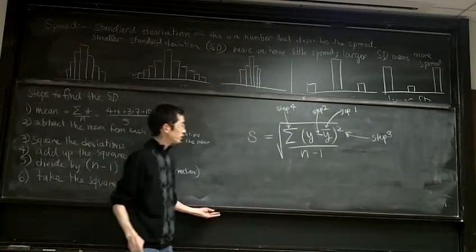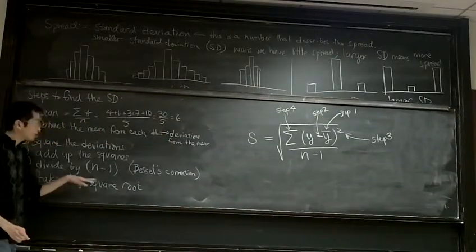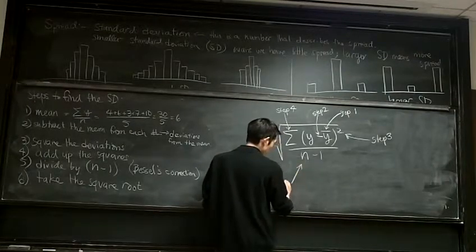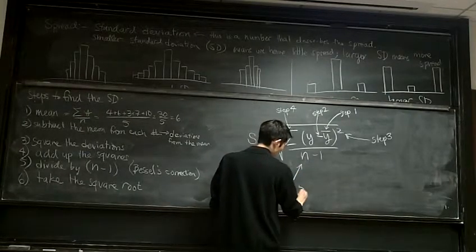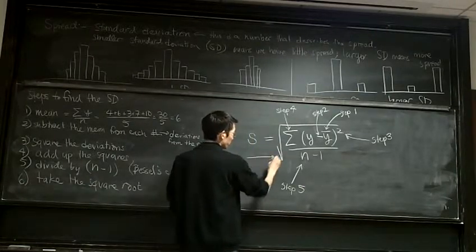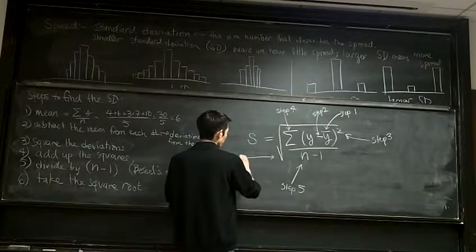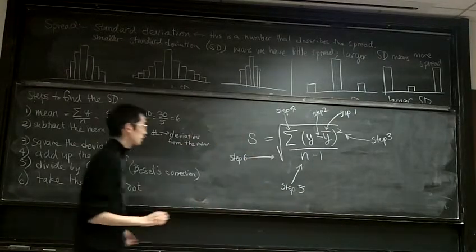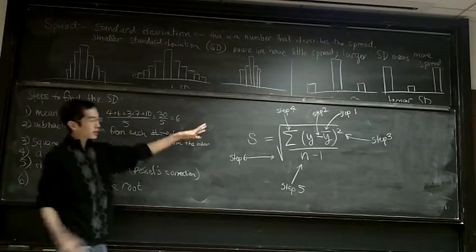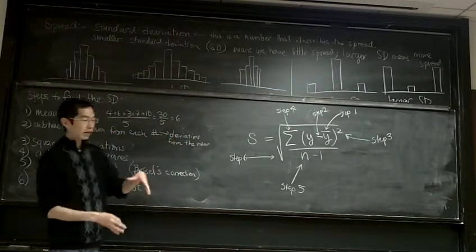That's the fourth one. The fifth one is to divide by n minus 1. And the sixth step is to take the square root. That's on the very outside. And that's step 6.